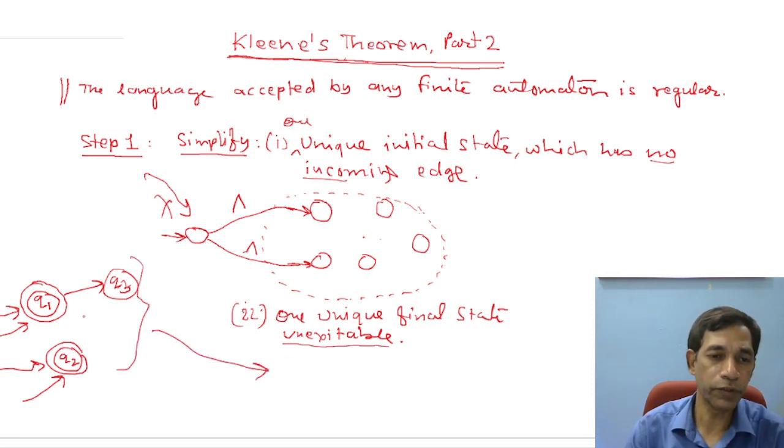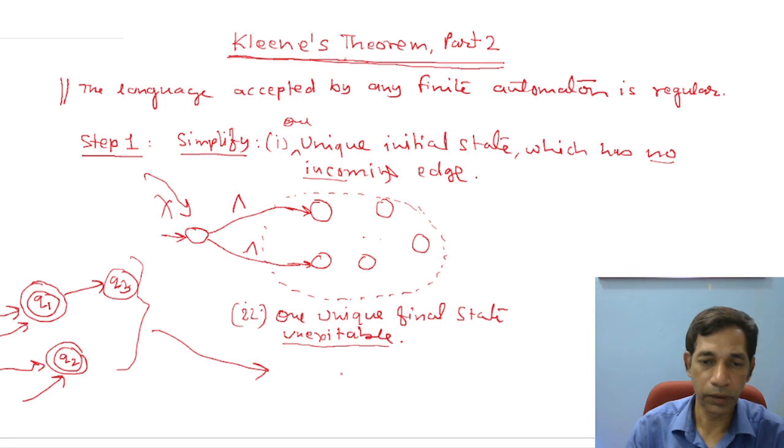So if you have a situation like this, where you have more than one final state, and some states may have incoming edges, some may have outgoing or exit edges, the simplification says that you have to obtain one unique unexitable final state.